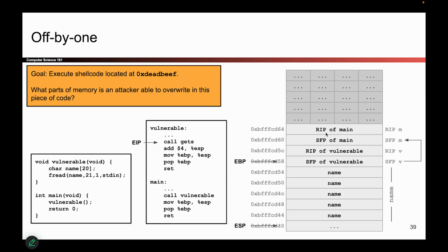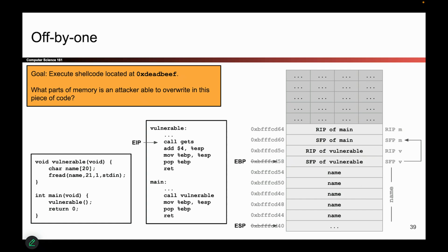We'll just abstract it away and say that main has an RIP and SFP like everyone else. If you really care, you can take an operating systems class and learn the real truths behind how main is called. But for our purposes, we'll just say RIP main, SFP main. It's good enough for this exploit. So that's the stack diagram. It's always the first thing that I do: I draw the stack diagram.